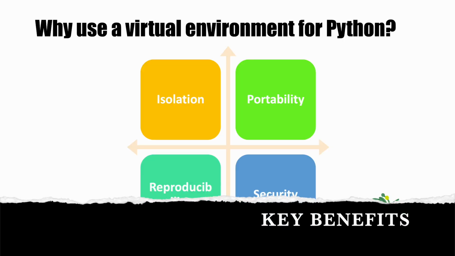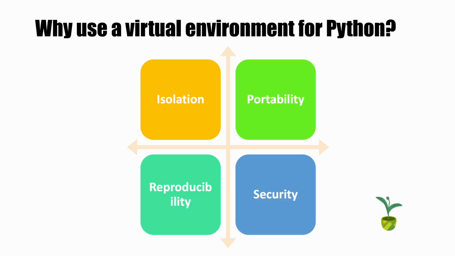The prime benefits are, first, isolation. This we already touched upon. Isolation allows you to isolate your project's dependencies from the system-wide Python environment, which helps prevent conflicts and ensures that your project dependencies are not affected by other projects or system updates.